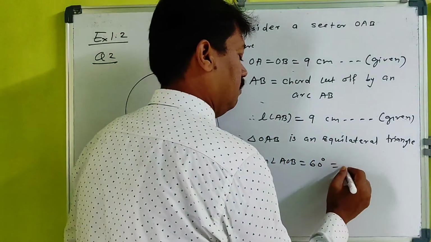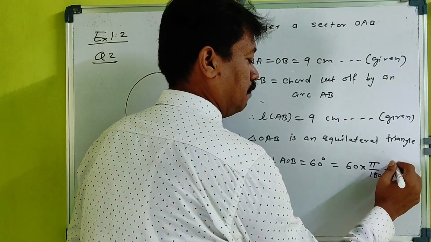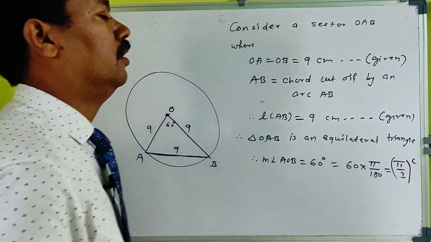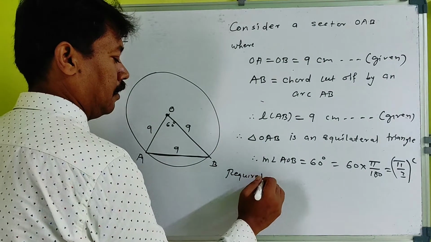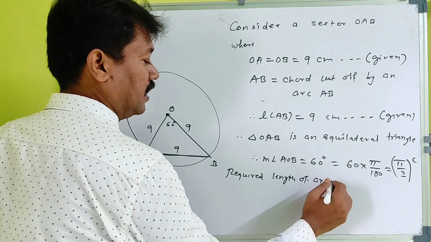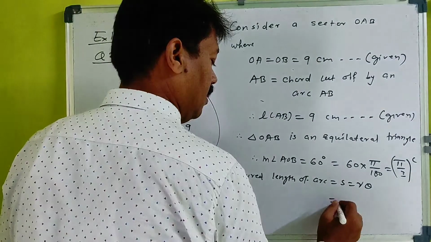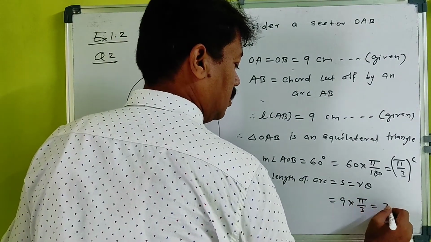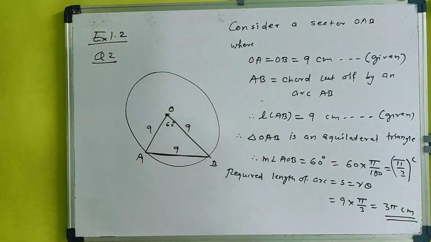Now you have to convert 60 degree into radian. 60 degree is π/3 radian. Therefore, the required length of arc, that is S, is equal to R theta. The value of R is 9, the value of theta is π/3. So this is the final answer for this sum. Answer is 3π centimeter.